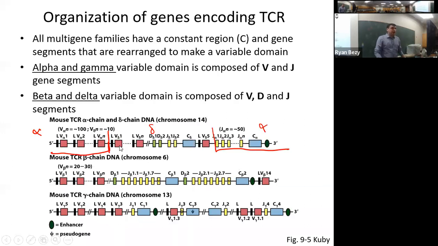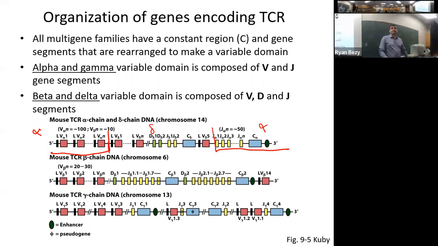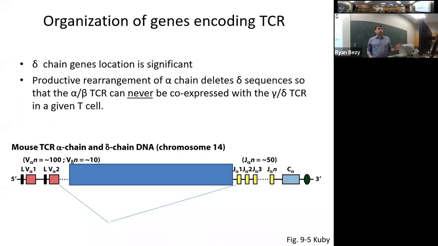Now, the other thing I pointed out is that the presence of these delta genes here is significant. Why is it significant? The delta gene location is significant because if alpha chain rearranges, then it deletes delta.